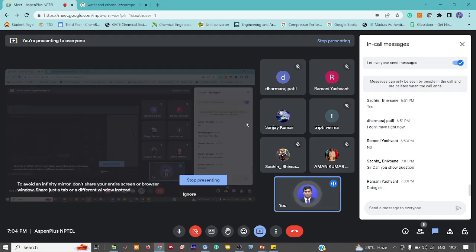Whoever doesn't have Aspen, is it possible for you to have it by next week, or are you in your office during this time and you don't have access to that? Next week, can you manage to get Aspen? We'll finish this question today, but next week, if you also have Aspen and can get involved in this, it will be good. Okay, you are in office, so you won't be able to have access. What about Dharmaraj? Is it possible for you right now in office? Next week I may have. Okay, great.